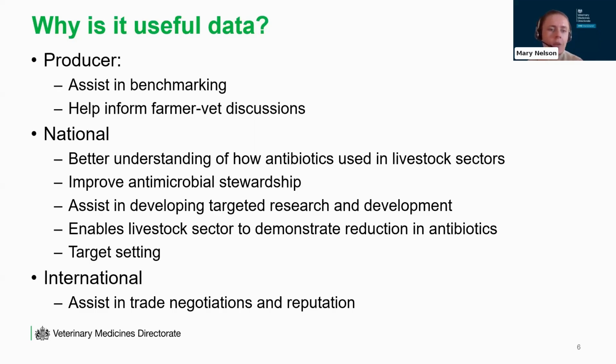Nationally, a better understanding of antimicrobial use can provide a framework for targeted research and development work, and be correlated with antimicrobial resistance data to develop an integrated analysis of the use and resistance of bacteria isolated from humans, animals, and the environment. And then internationally, having that data can help with trade negotiations and an international reputation regarding what happens in the sectors.